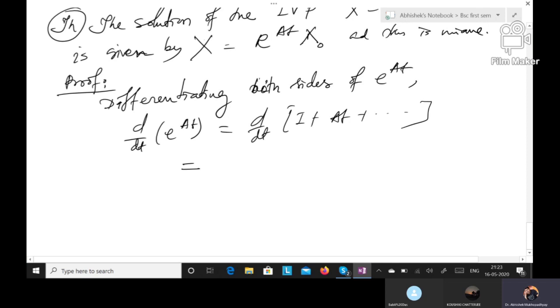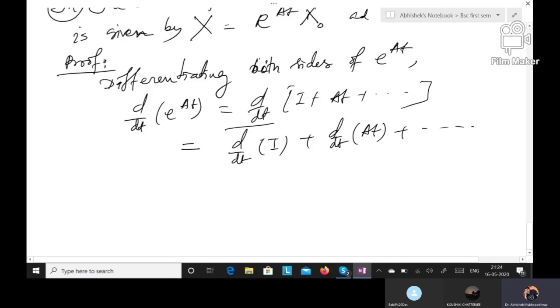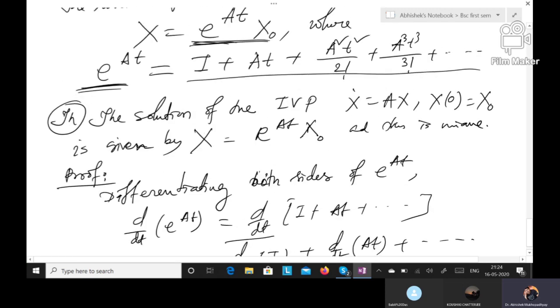So that means it is d dt of the matrix I, d dt of the matrix AT and so on. Now, since term by term differentiation is possible, that is why we have put this differentiation into the bracket, because the series for e to the power AT is convergent for all t under the operator norm.